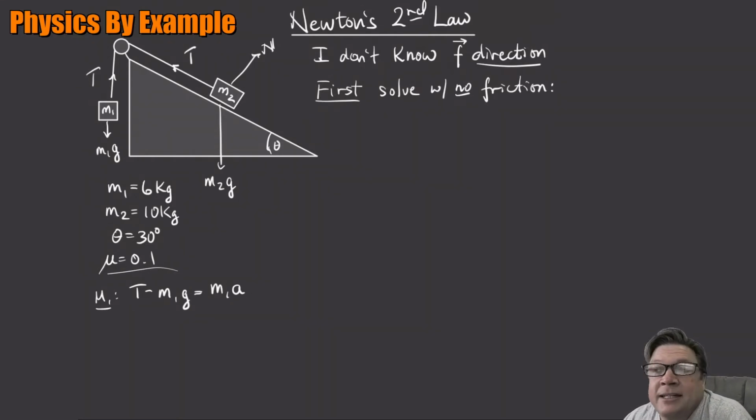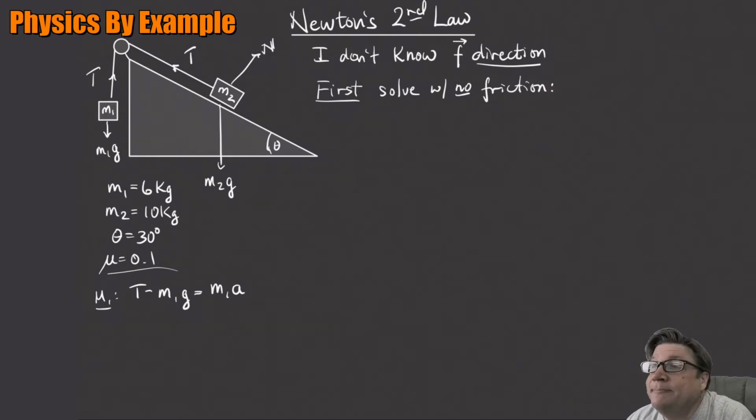Imagine it's made of ice. M2 would start to slide one way or the other, and then friction is going to oppose that. So first I solve it with no friction, and that'll tell me what direction the friction is going to act, and then I'm going to put it in and solve it. So in some sense, we're solving it twice. The first way is a little bit easier, but that's just how I do it.